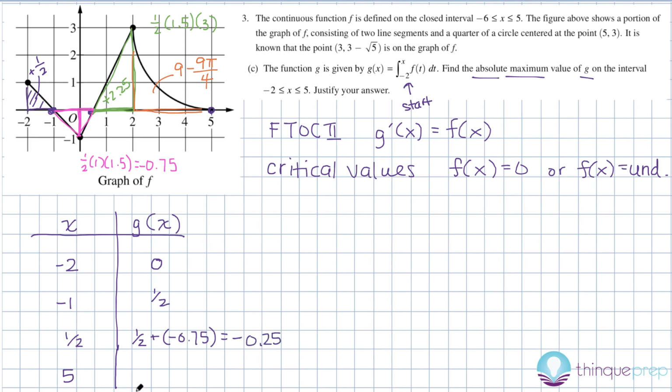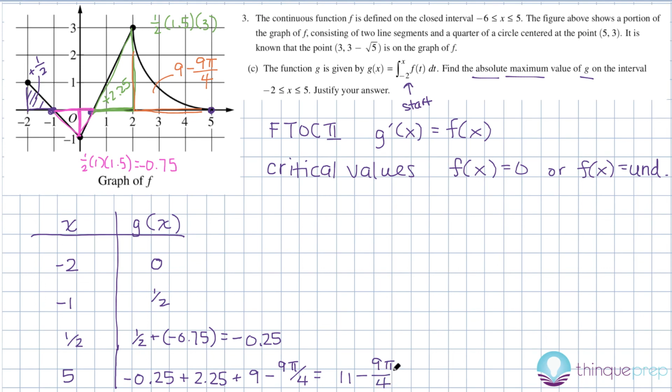And then we need to accumulate a little bit more here. So at 5, we're starting at -0.25. We add the area of that green triangle, and then we add the area under the quarter circle, plus 9 minus 9 pi over 4. And when we're done with the arithmetic, we get that's 11 minus 9 pi over 4.